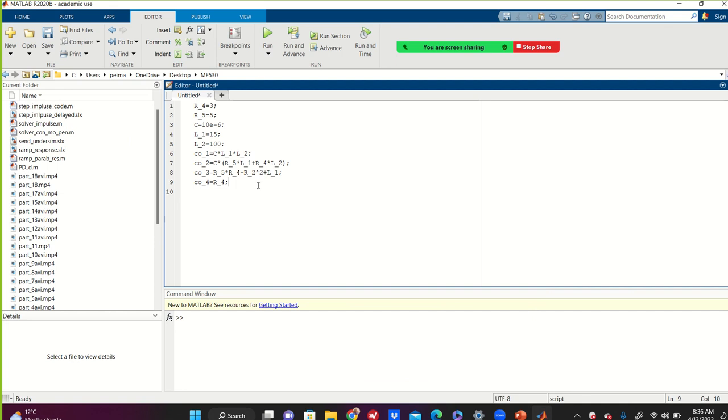Okay. So before going ahead, I'm going to find the poles of this system. Solve coefficient 1 in x cubed plus coefficient 2 in x squared plus coefficient 3 in x plus coefficient 4.